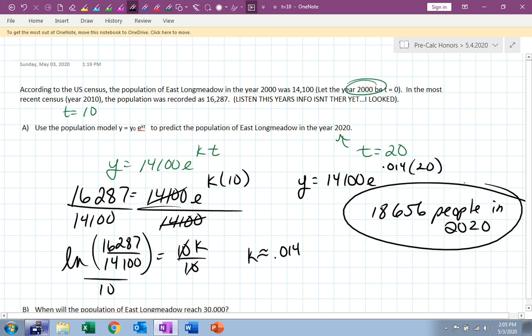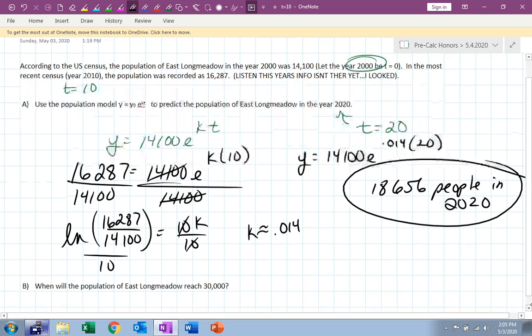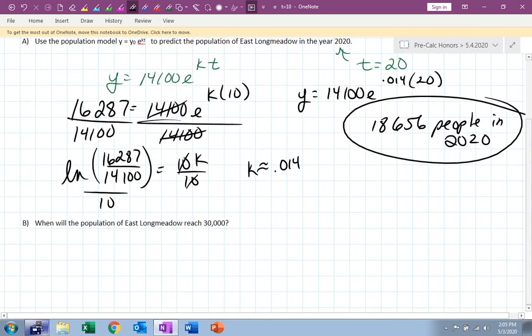The other kind of stuff you can do with this is to figure out how long it's going to take for a population, if we continue with the same model, to reach a certain number. So we can figure out how long it's going to take for the population of East Longmeadow to reach 30,000.